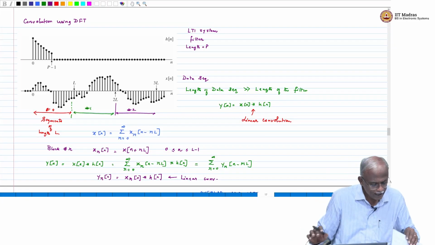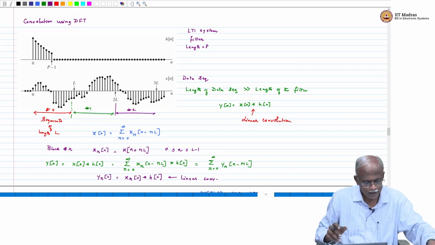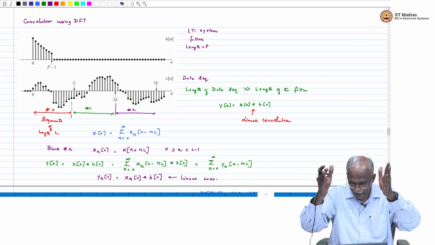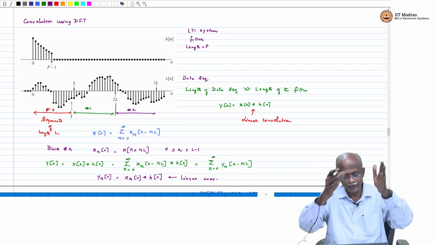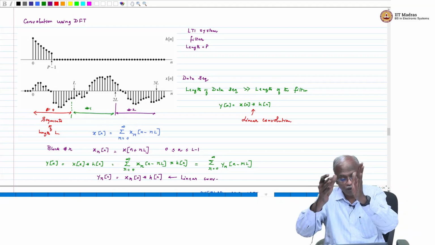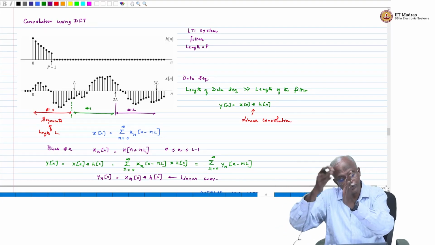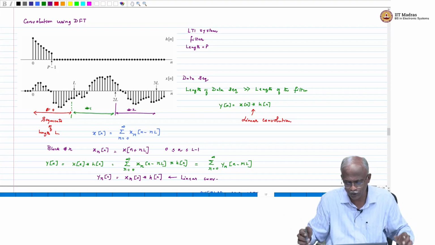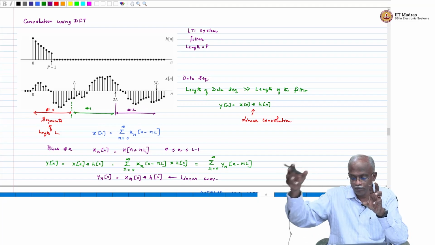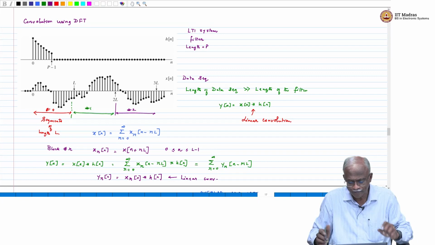Basically, if we summarize the steps that we have done, we took the original sequence x of n and split it up into segments. Segment 0 going from 0 to L minus 1, segment 1 going from L to 2L minus 1, segment 2 going from 2L to 3L minus 1, and so on. So the relationship is x of n is equal to the sum of all these segments of the input data, appropriately shifted.